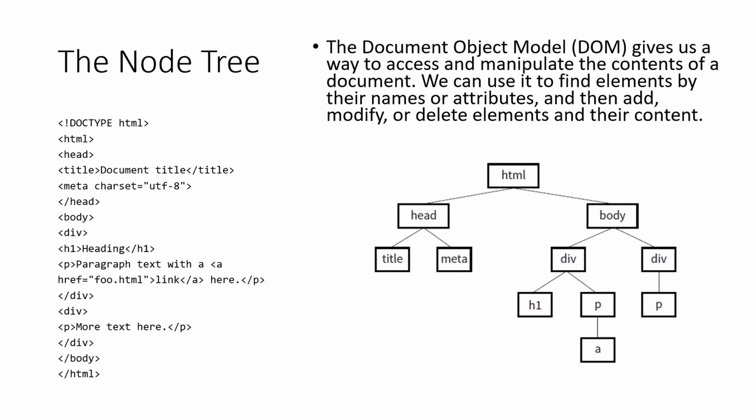So there will be a structure, and we can identify what we call the node tree from here. What you see here on the left hand side is the HTML document, and on the right hand side you will see the equivalent node tree, the DOM model, right? So why do you need this? You need a particular way of accessing each element here, so you should know how to access them, right?